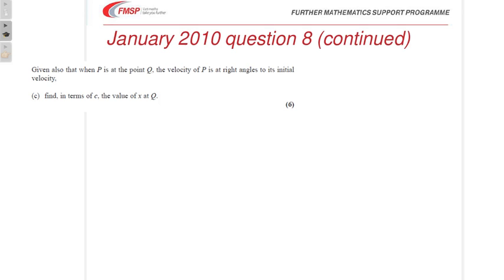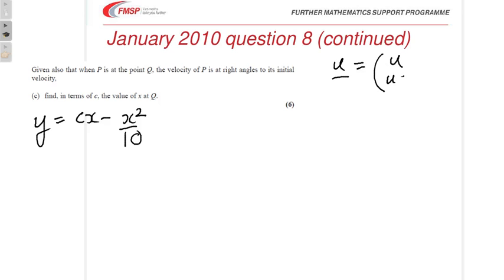Now, what we've got is an equation for the curve, y equals cx minus x squared over 10. We've also got the initial velocity was U, c.